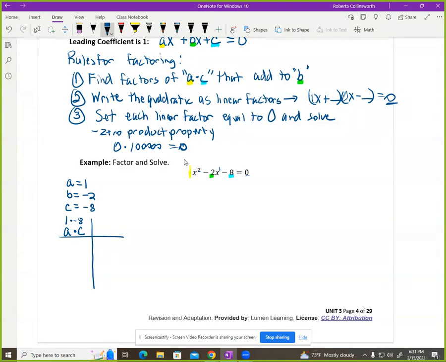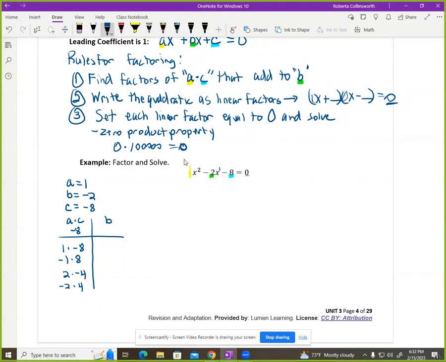So the factors are going to be 1 times negative 8, negative 1 times positive 8, 2 times negative 4, and negative 2 times positive 4. If I multiply a times c, I get negative 8.